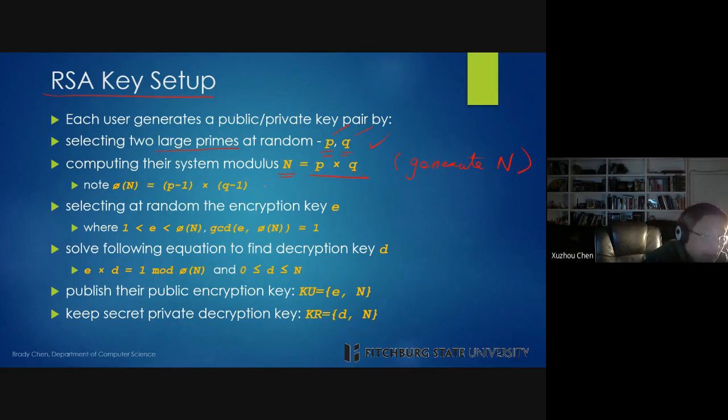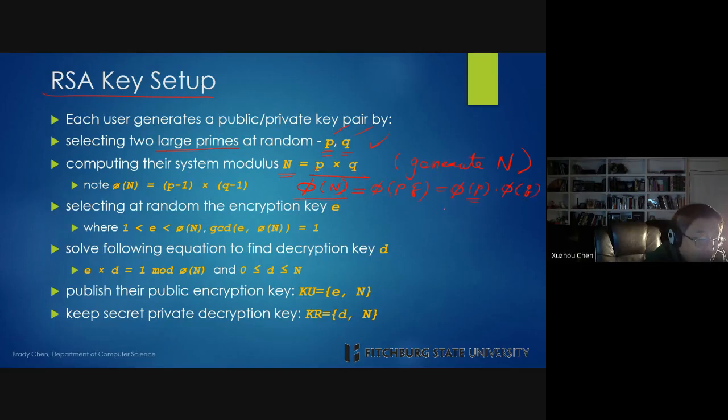Now you're going to find the Euler totient function, phi of n. What is the value of phi of n? Because n is the product of two prime numbers, p and q, remember we have a formula: phi of n is phi of p times phi of q.